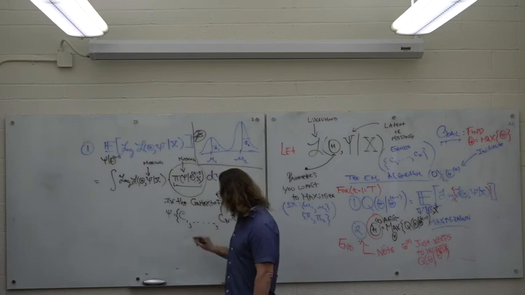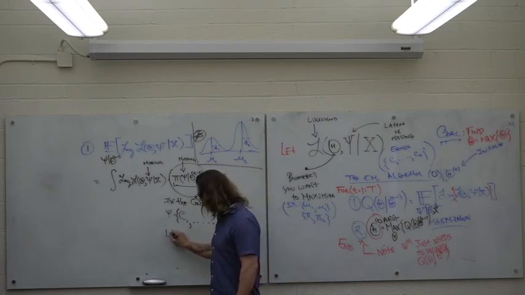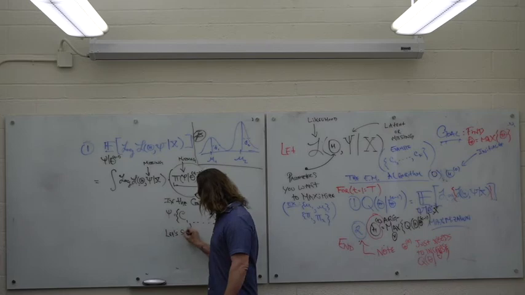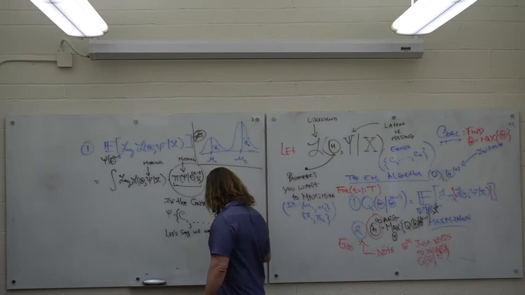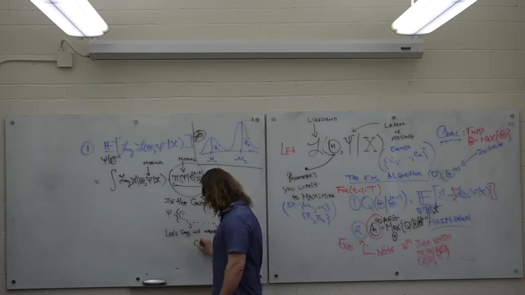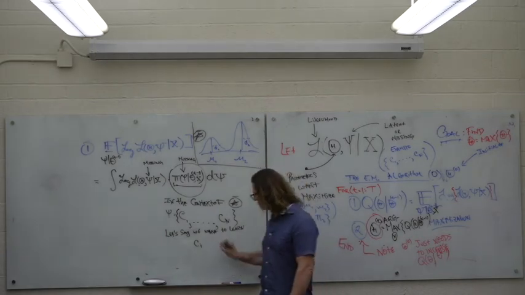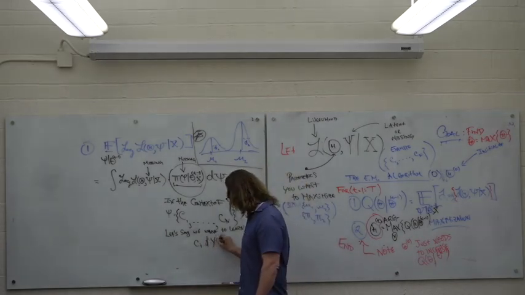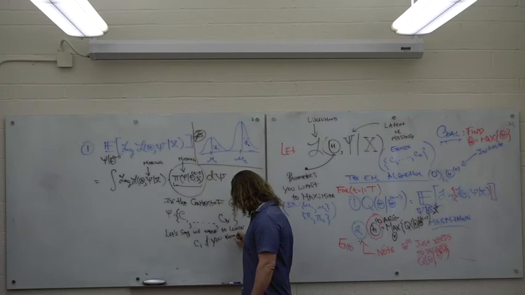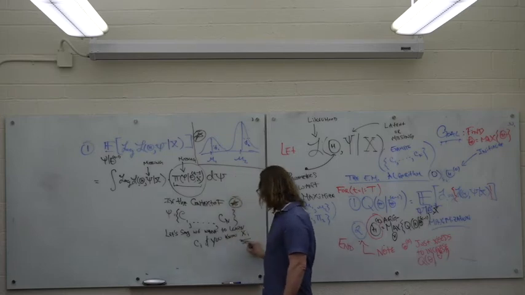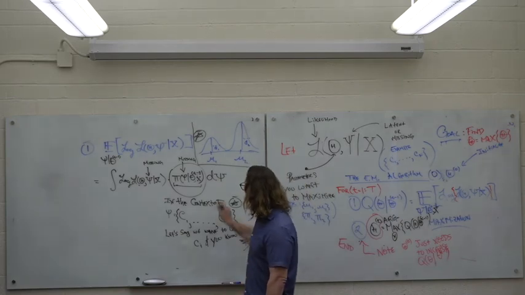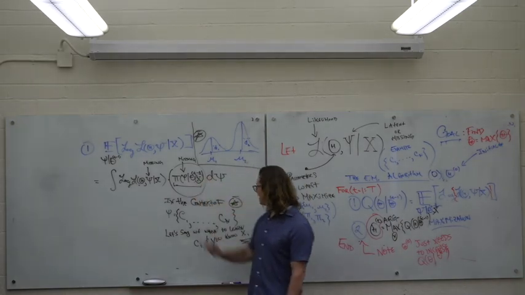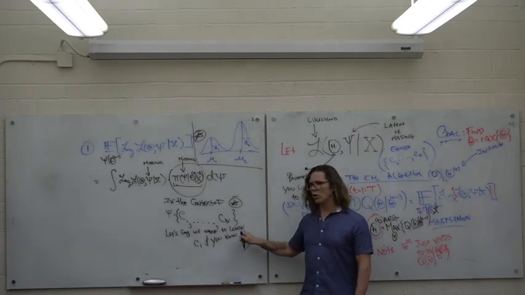Let's say we're trying to learn some particular Ci, and you know Xi. So this notation means I get to know all of the X's, but I'm just going to focus on one particular one.